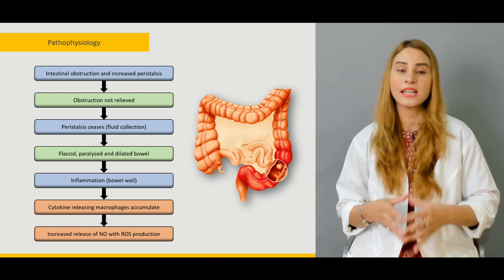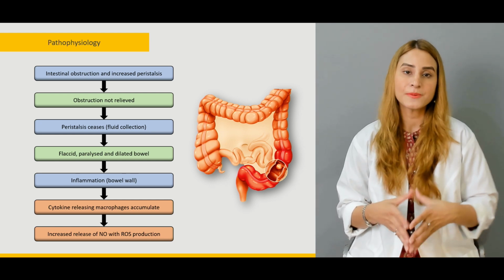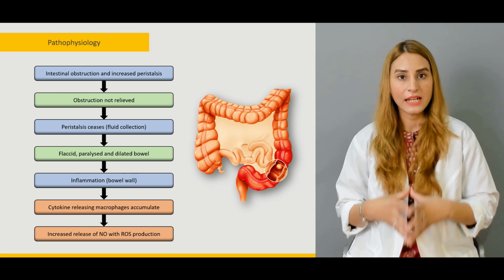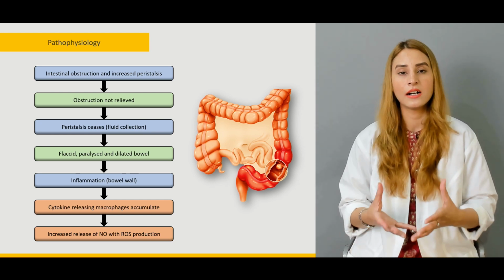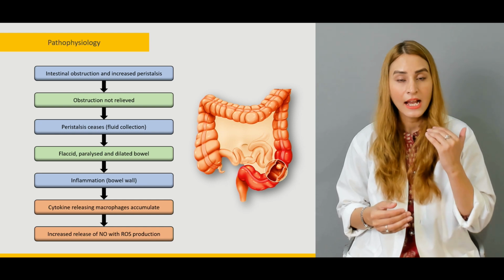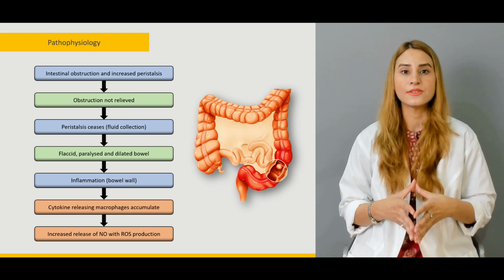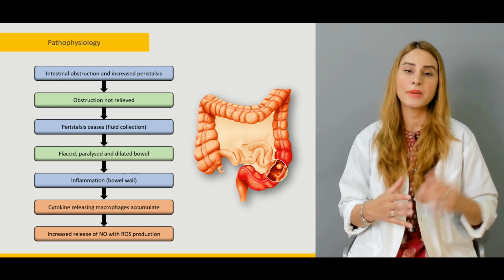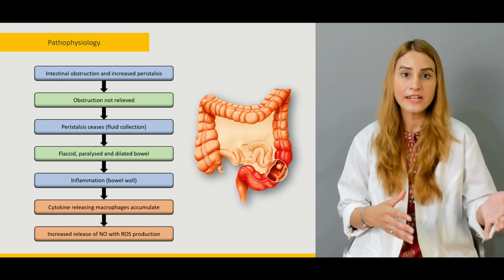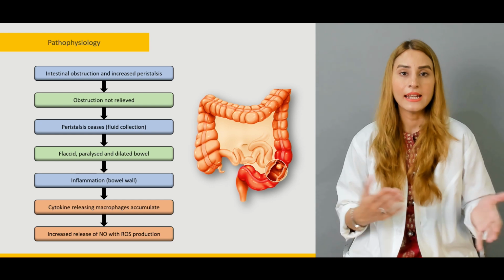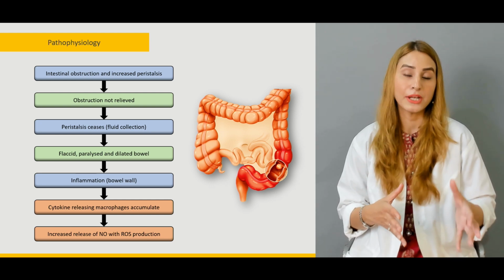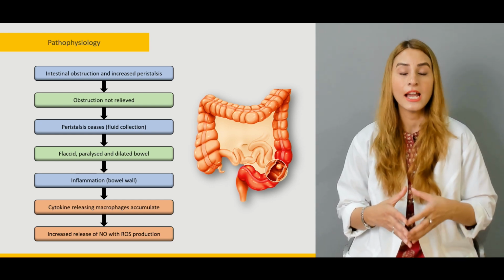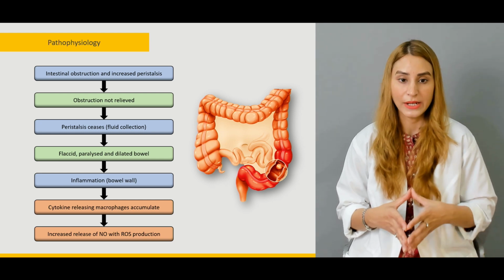Constipation, if there's a complete obstruction of the bowel, will lead to absolute constipation, and if there is partial obstruction, that will lead to relative constipation, right? Relative constipation means the patient is passing flatus but not passing stool, and absolute constipation is when the patient isn't passing flatus and isn't passing stool as well.